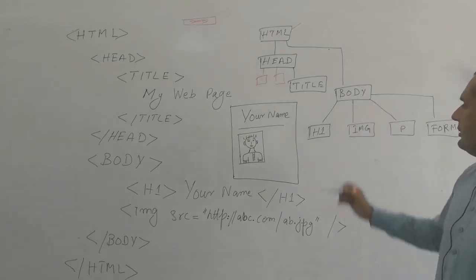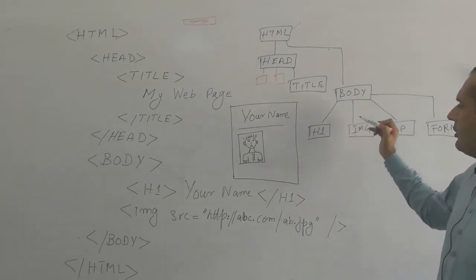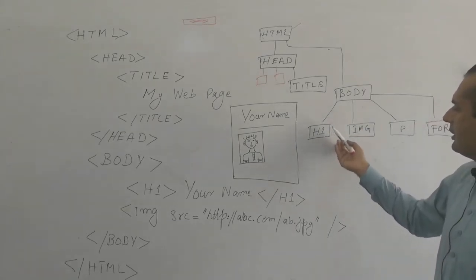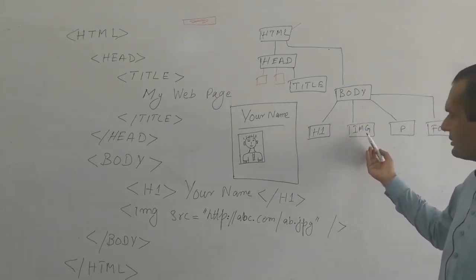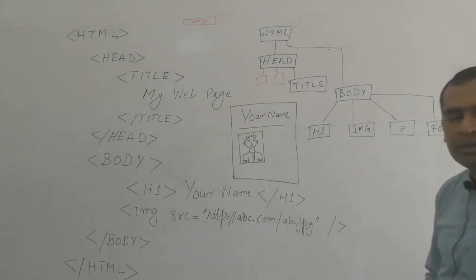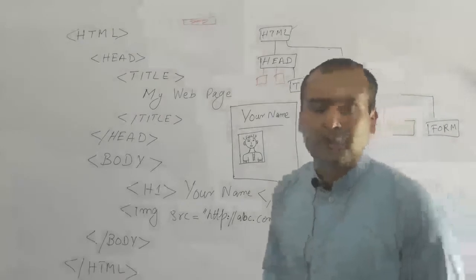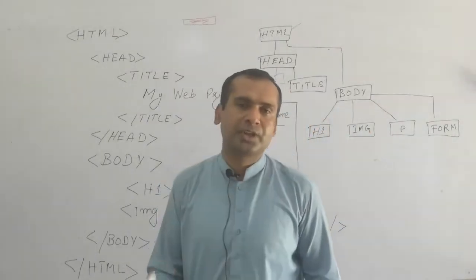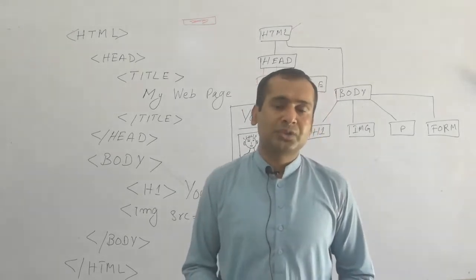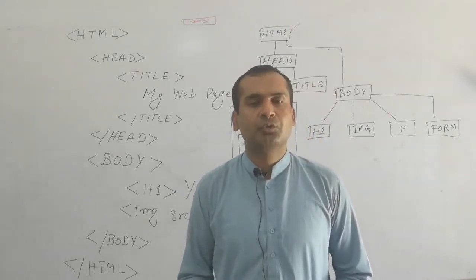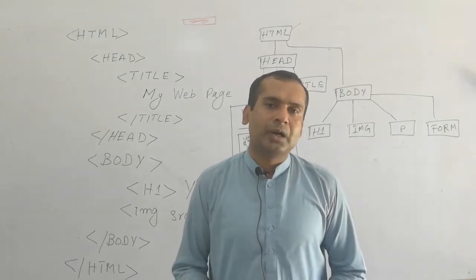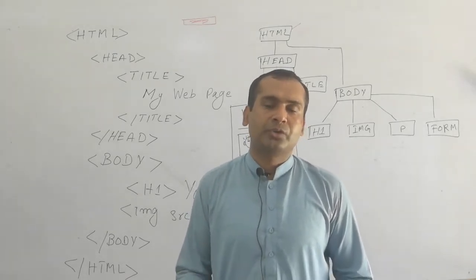So the body element contains the actual content of your web page. It may contain multiple headers, image tags, paragraph tags, form tags, input type text, input type button, input type checkbox, radio button, all the elements, all the controls that are used in a graphical user interface. If you see a button, basically it is a small element that helps to create user interfaces.